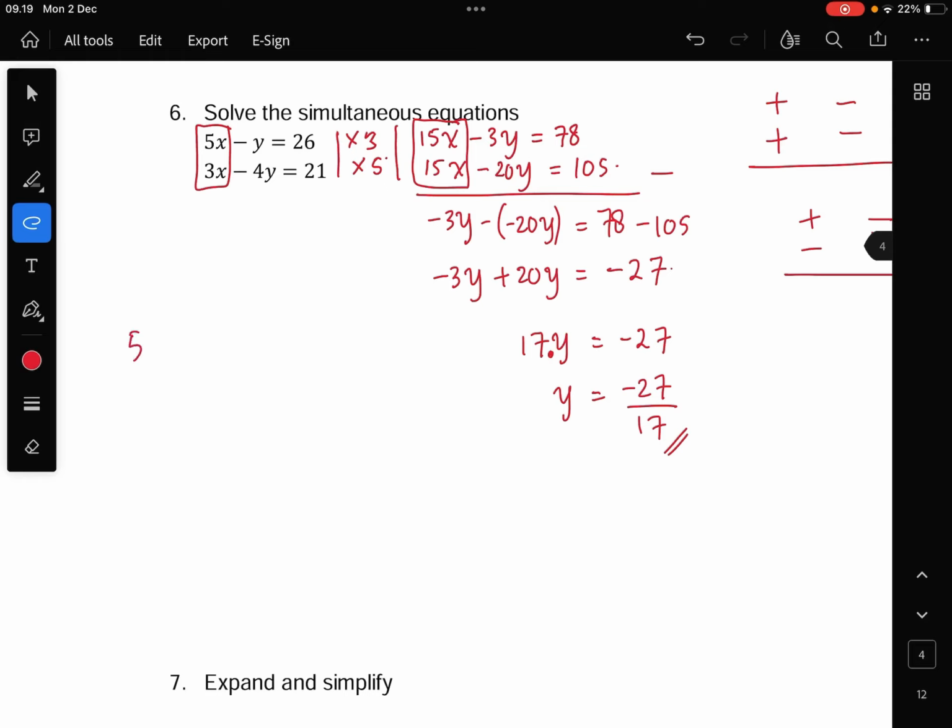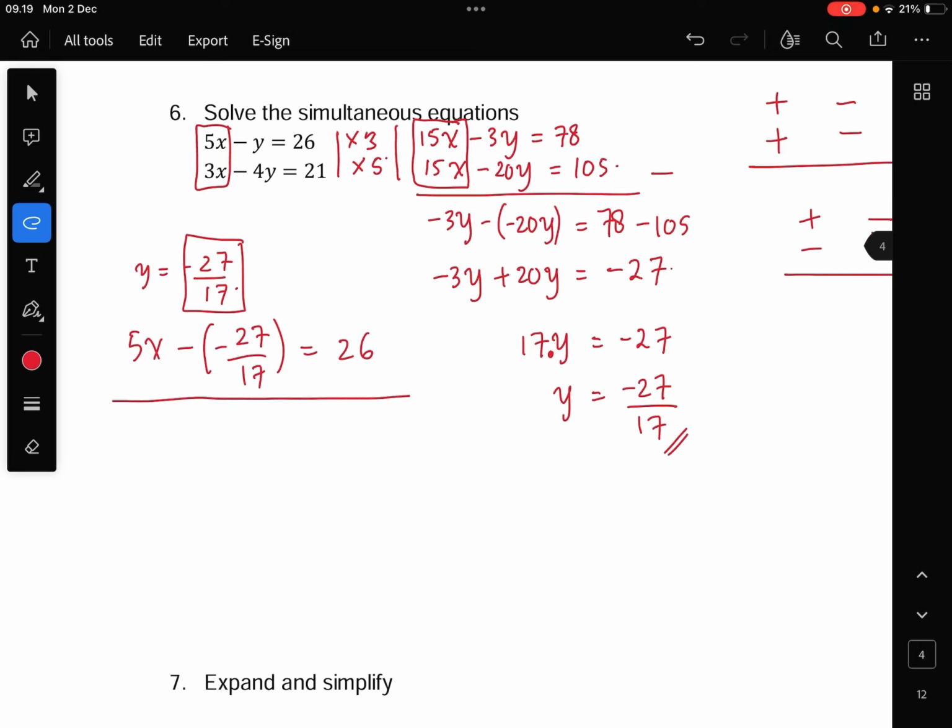So we can just use substitution. y is equal to negative 27 over 17. So 5x minus y, and y you input as negative 27 over 17, equals 26.